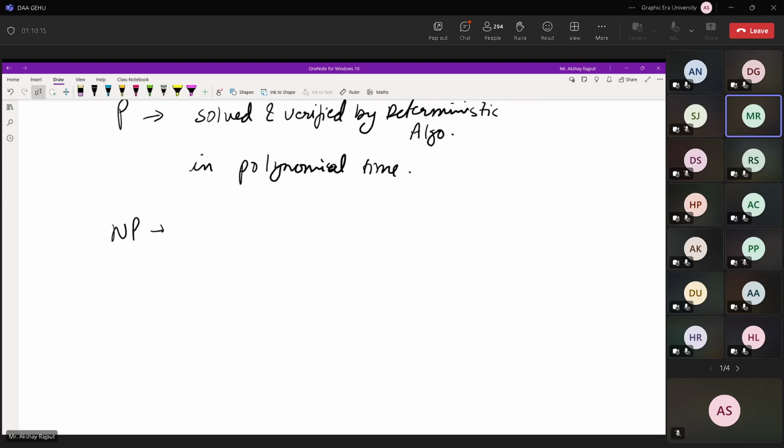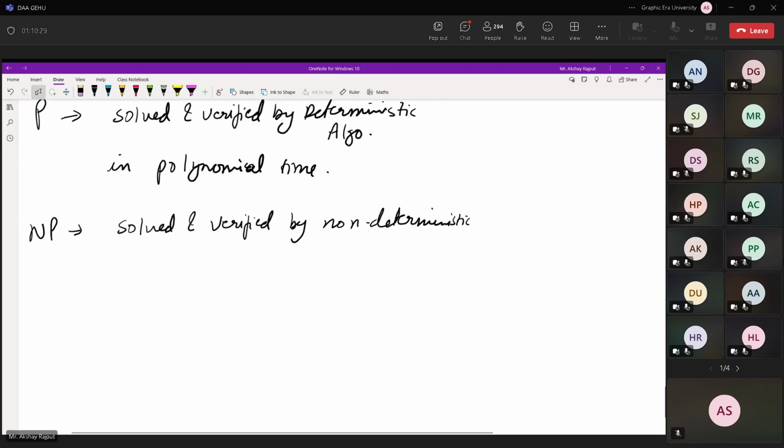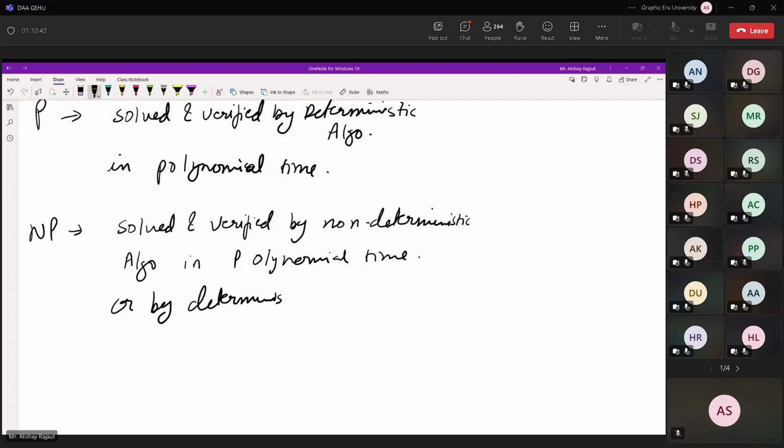So NP problems are those that can be solved and verified by a non-deterministic algorithm in P time, in polynomial time, or by a deterministic algorithm in non-polynomial time.